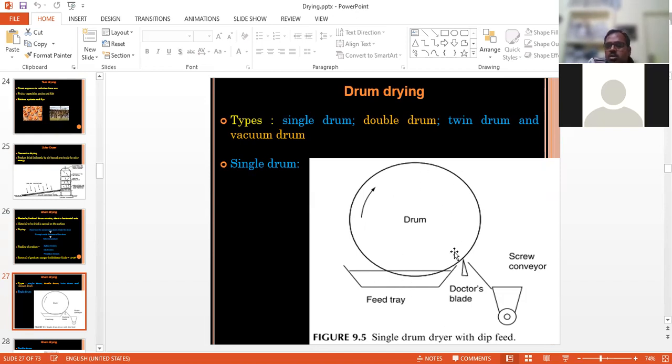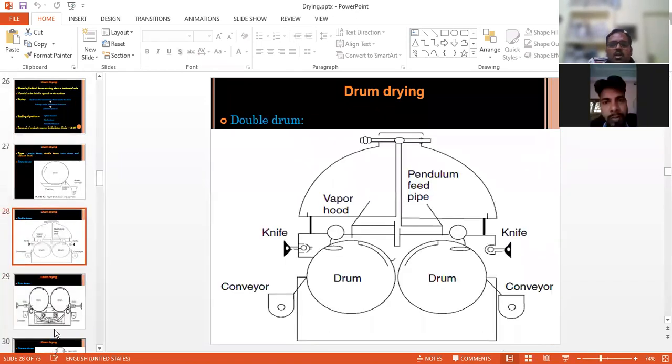These are the doctor blades, which are mounted here, and the feed tray, a single drum dryer with a dip feed. This is an example of a single dryer. Now we can see the double dryer. This is the double drum.